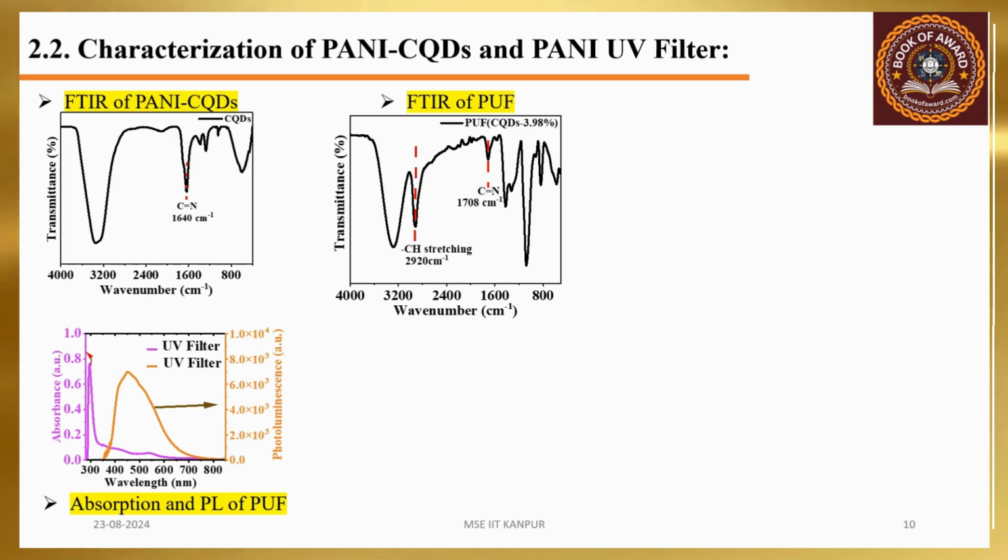To confirm the UV absorption by Pani UV filters, we have done the absorption and photoluminescence of Pani UV filter. Firstly, we have done the absorption of Pani UV filter, which absorbs the UV region of solar radiation from 295 to 400 nanometer.